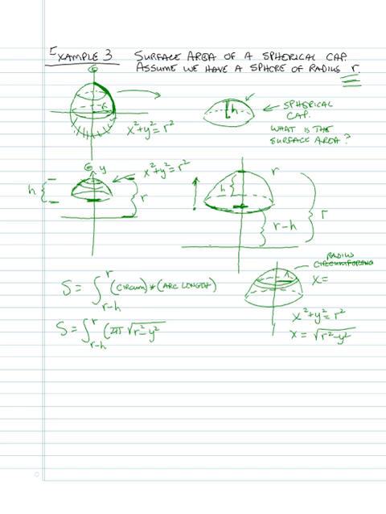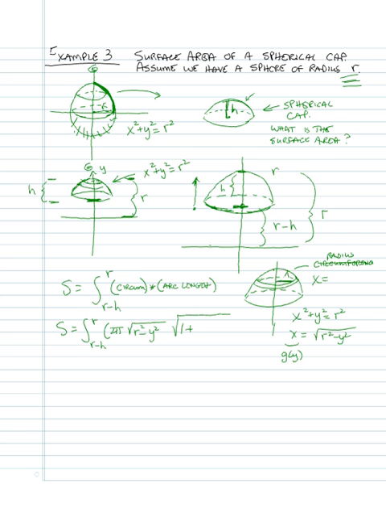And then the arc length in this case is measured this direction, and we've seen that already. That's the square root of 1 plus g prime of y squared, where x is g of y.